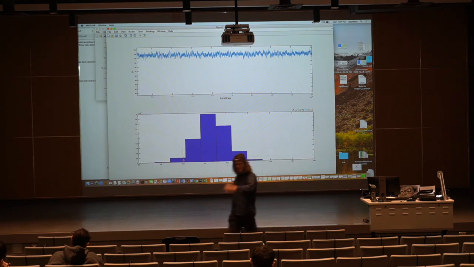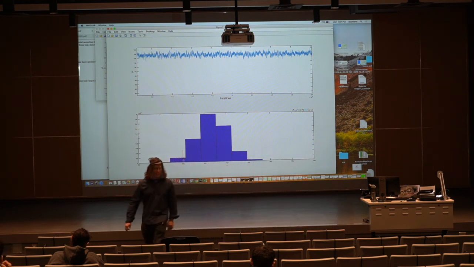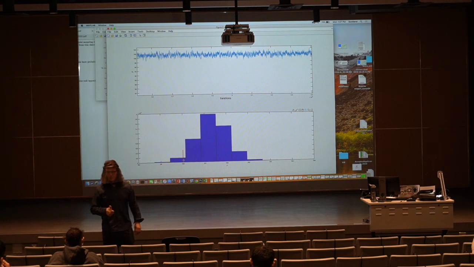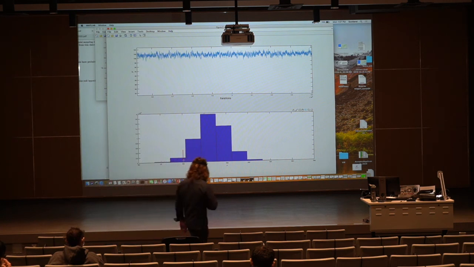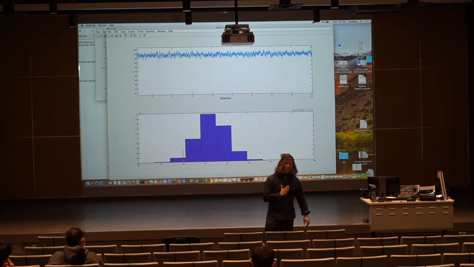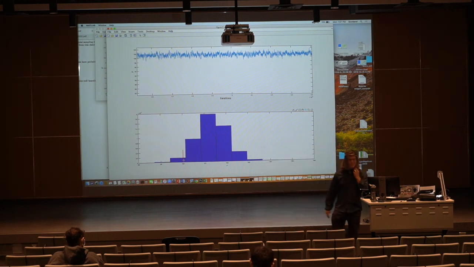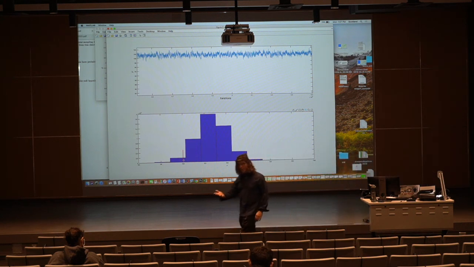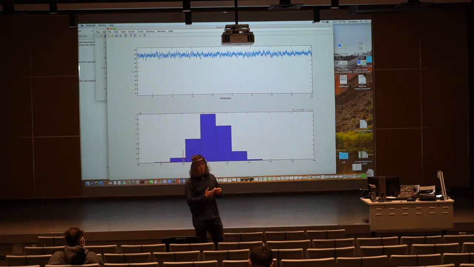I ran it like 18 times this morning until I got a red line that was not in the middle of the distribution. Because somebody came up to me and said, I don't always get it in the middle and I don't know what's wrong with my code. And that's the nature of statistics. Sometimes you're in the tails. You're supposed to be every once in a while. And so if your thing is well calibrated, 1 out of every 20 times you're going to be in those 5% regions.